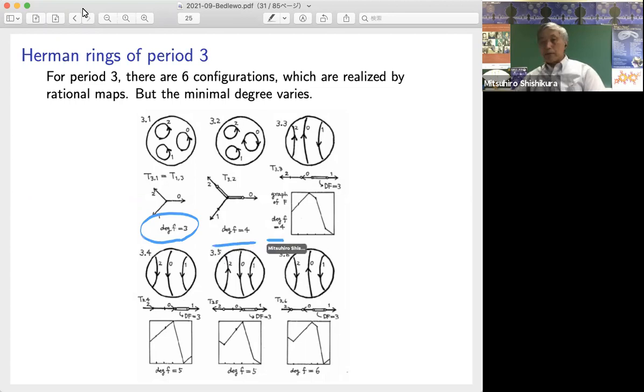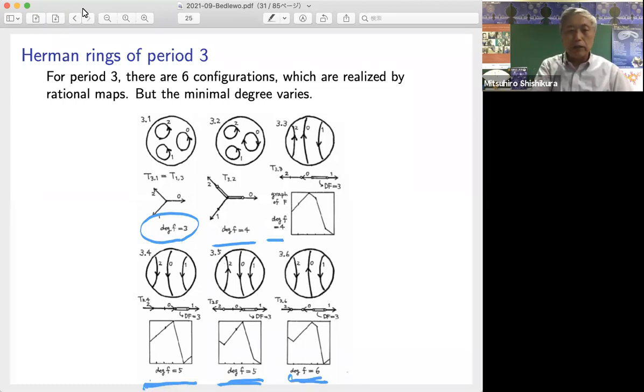These require degree 4, these require 5 and 6. But I just want to show you the picture. The argument is very similar for these segment-like trees. And for this type, you look at the inverse images on the tree, and degrees will give you the count of critical points. Okay.